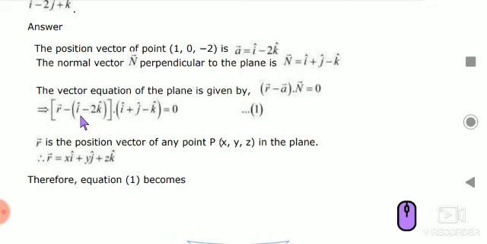Now (vector r minus i plus 2k) dot (i plus j minus k) is equal to 0, where a is the position vector of the point, i minus 2k. This represents the vector equation of a plane. Now if I replace vector r by xi plus yj plus zk, then we are going to represent equation 1 in the Cartesian form.